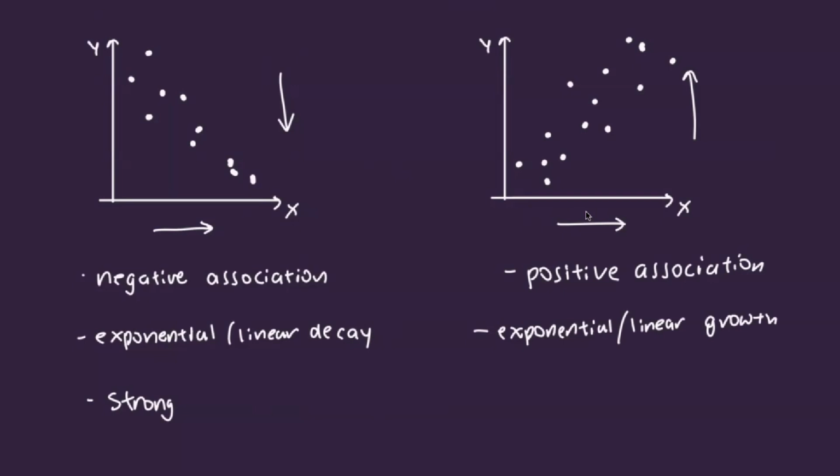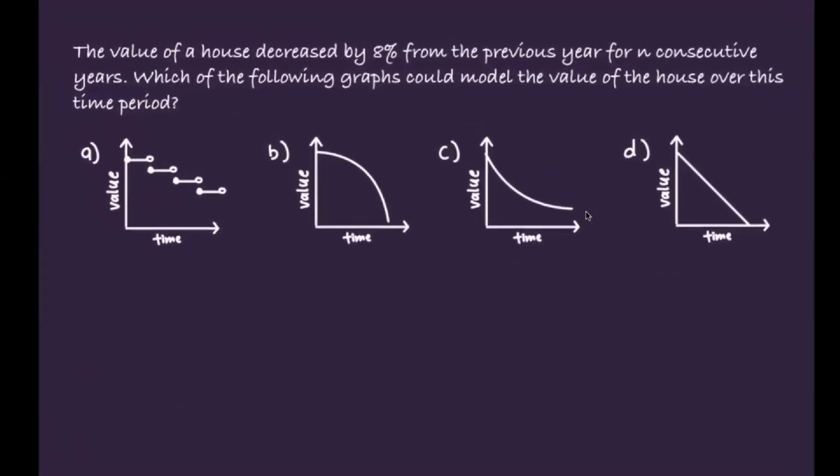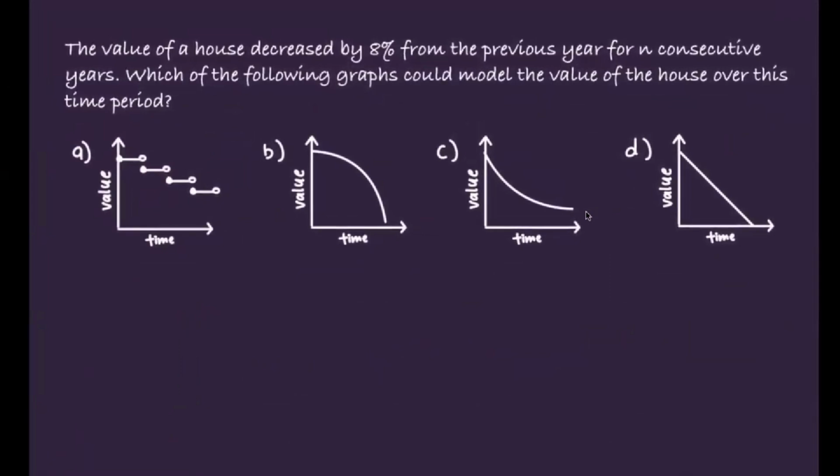And by the looks of it, the scatter plot over here is also strong. Since we talked about both linear and exponential, let's take a look at some problems. Pause the video here and see if you can do this on your own.